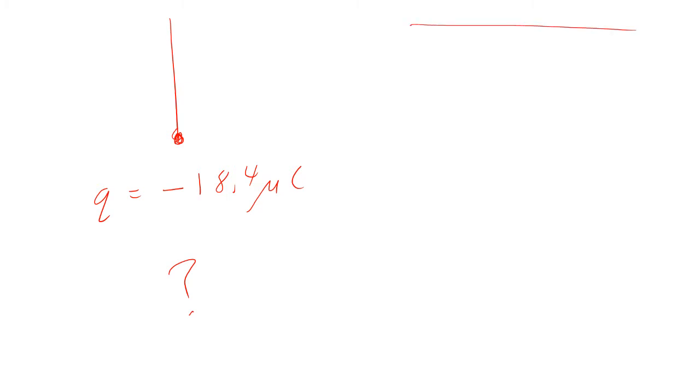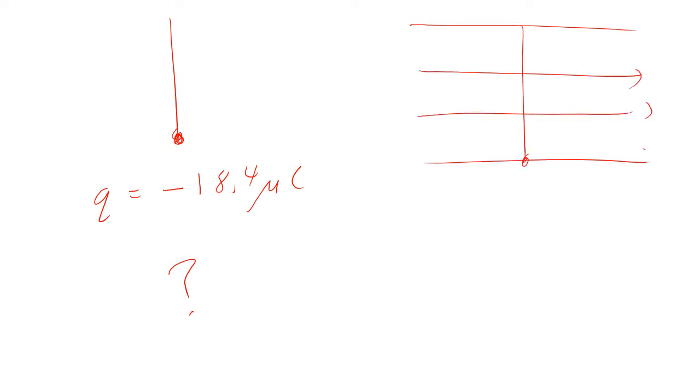What would have happened if instead Q was minus 18.4 microcoulombs? So what would have happened in that case? Same thing, it's hanging here, and I apply an electric field to the right.